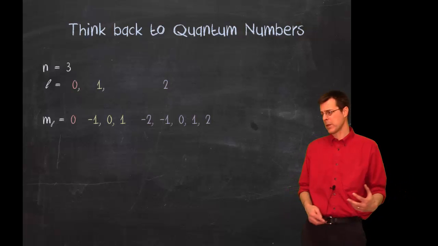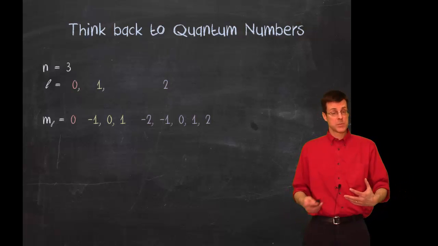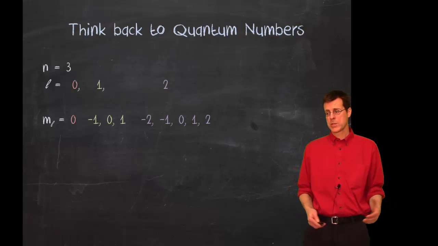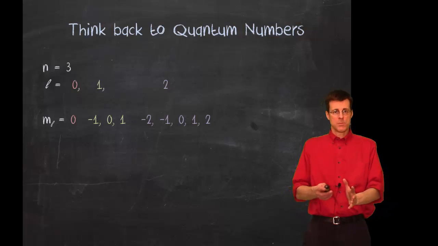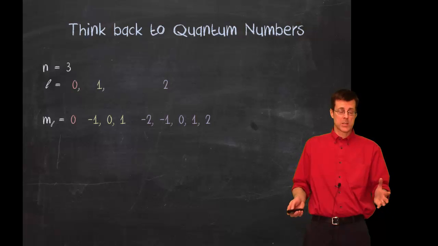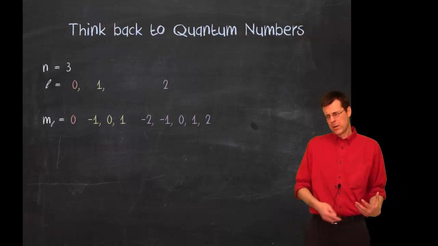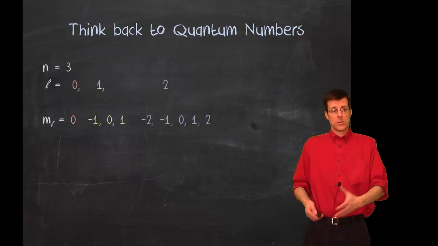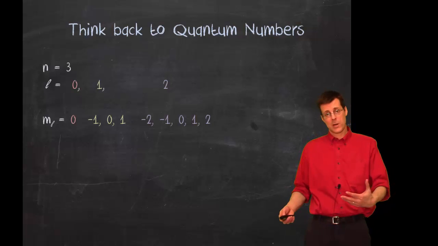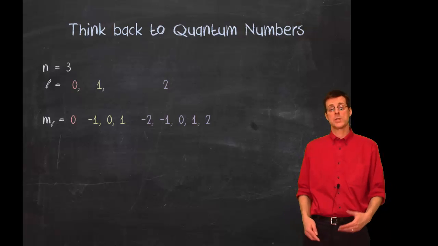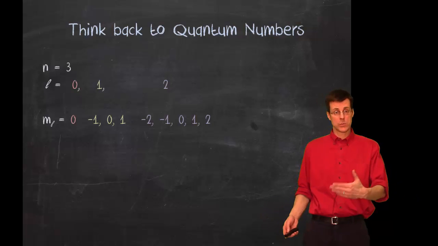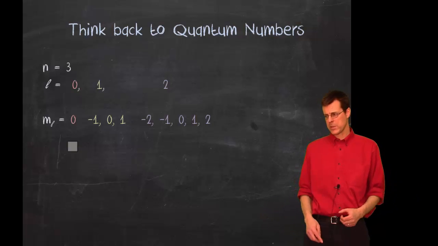The next important thing is the m sub L values, our orbital numbers, where each possible value represents a possible orientation for the orbital. So for L equals 0, there's only one orientation, and then our p orbitals have 3 possible orientations, and our d orbitals, L equals 2, have 5 possible orientations.